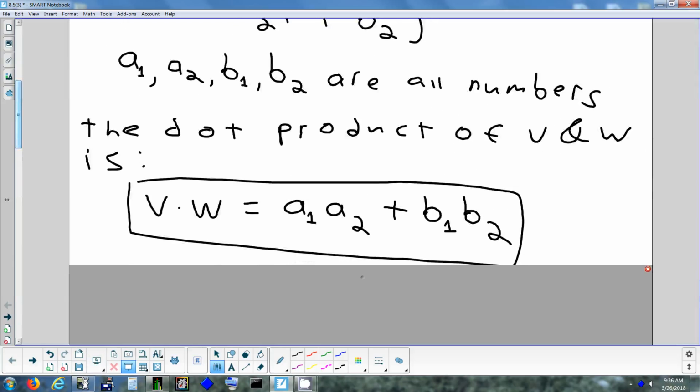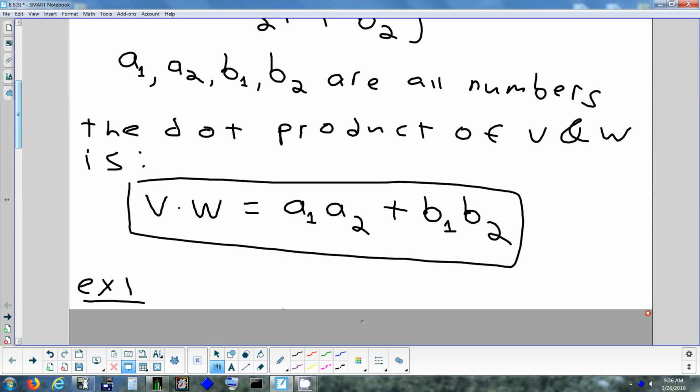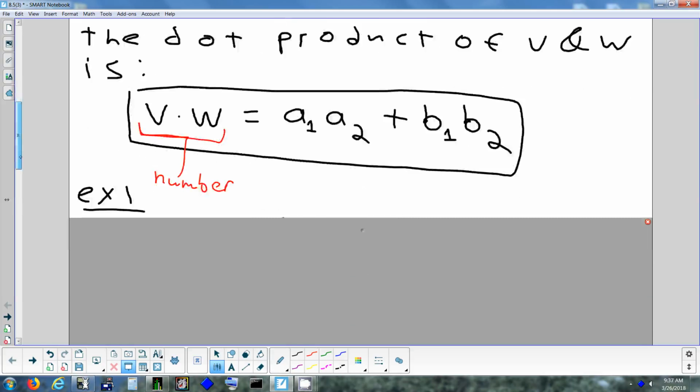So the point here is the dot product is a number. Like 6, negative 12. That would be the kind of answer you would get for the dot product. What does that number mean? I don't know if we'll get to that today. But there is a use for that number, which I'll show you at some point.